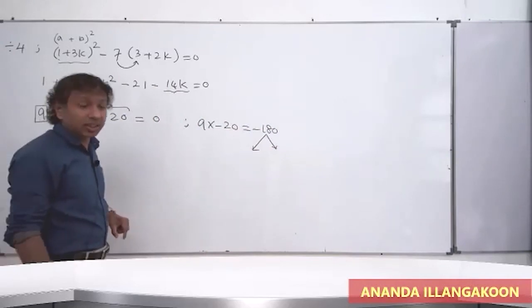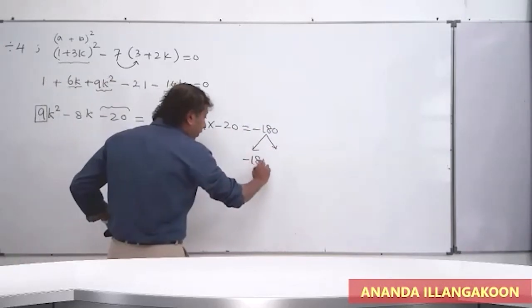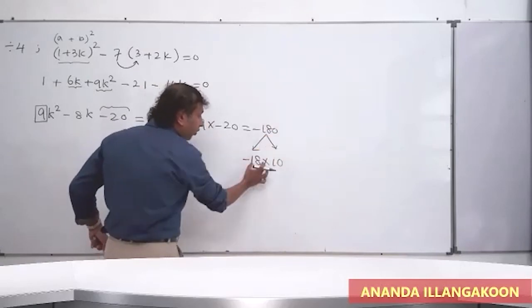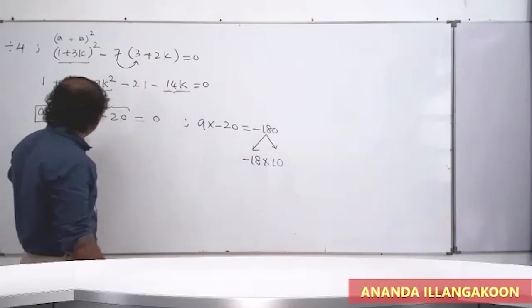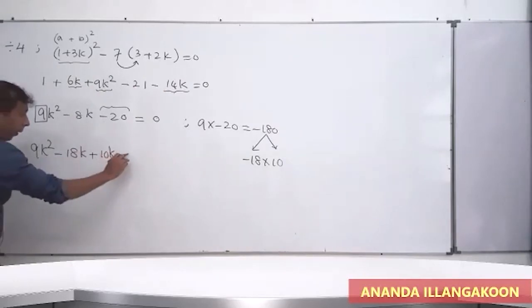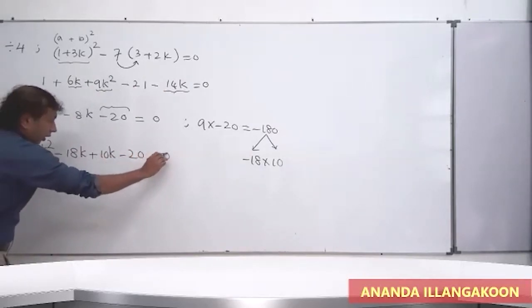Those two numbers are nothing but minus 18 into plus 10. When we multiply these two, we get this. When we add this and this, we get minus 8. Then I can write 9k squared minus 18k plus 10k minus 20 equals 0.